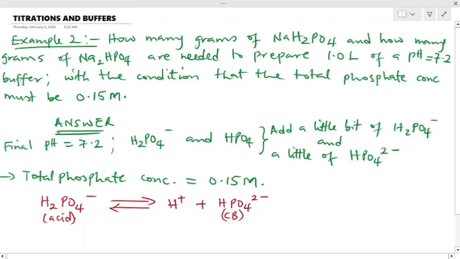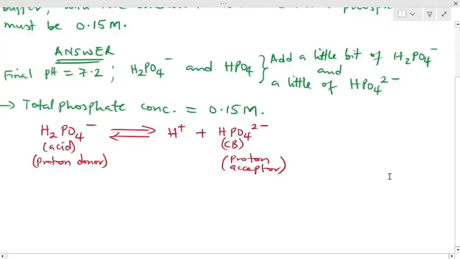Again, like we said, the acid is what is donating the proton, so right here is the proton donor. And the base is what is accepting the proton. As such, right here is the proton acceptor. So we have the proton donor and the proton acceptor.